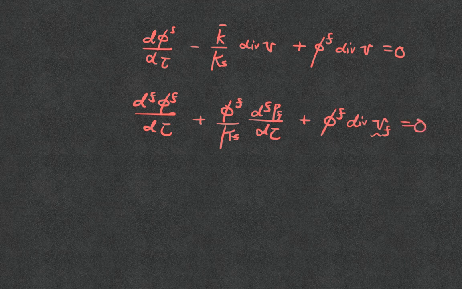If you pay attention, you may already notice that here I keep the perspective of the fluid derivative over time, and here I did not put anything for the solid.